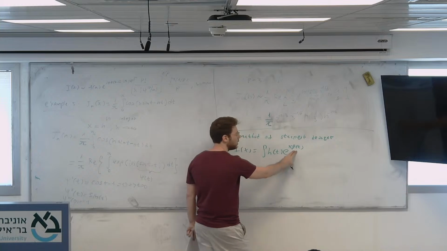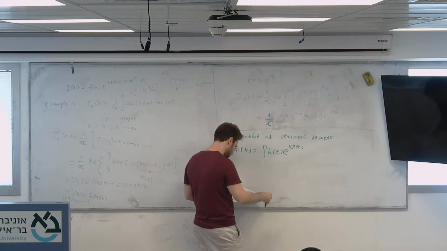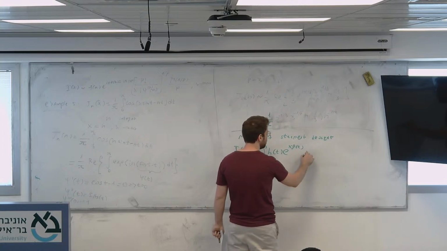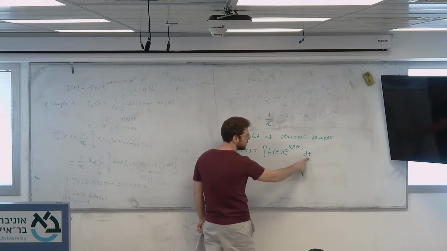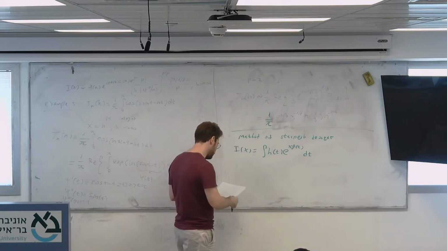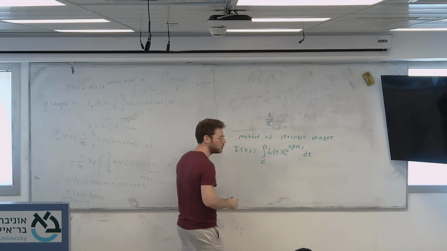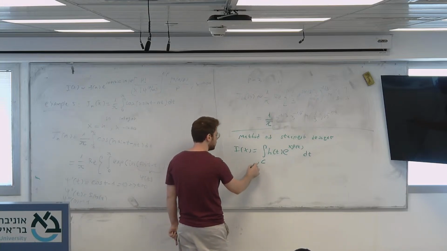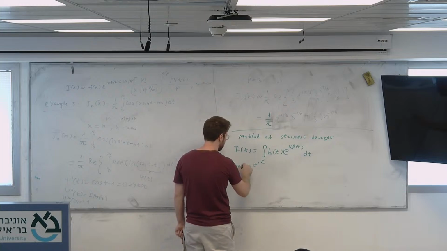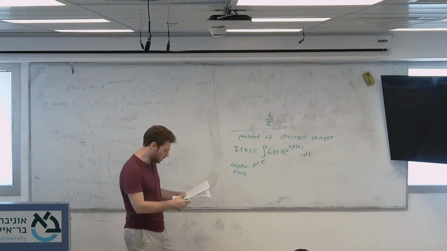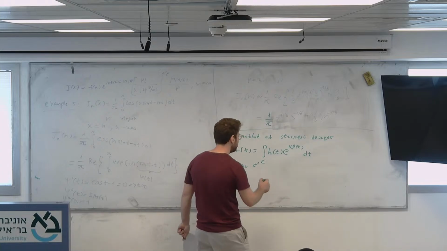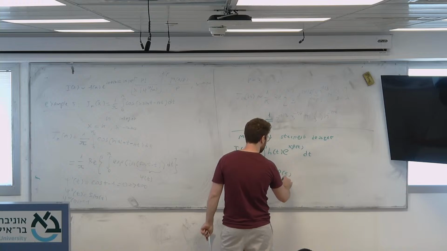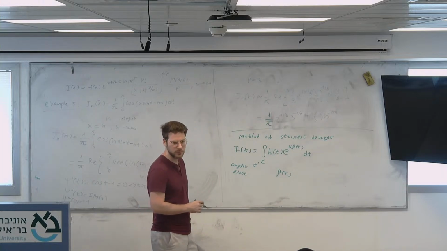Now rho can be both real and imaginary, and t is also a complex number, and we're integrating around the contour C, which is in the complex plane. So the general idea of steepest descent is that you want to shift the contour to where rho of t has a constant imaginary part.